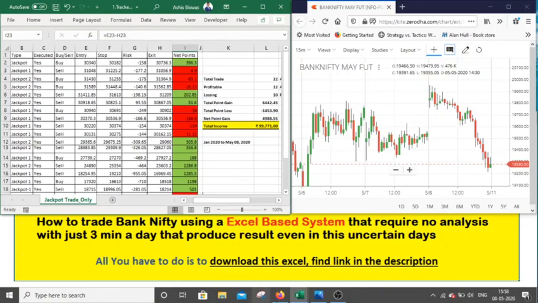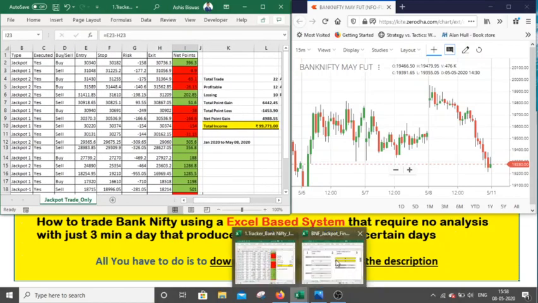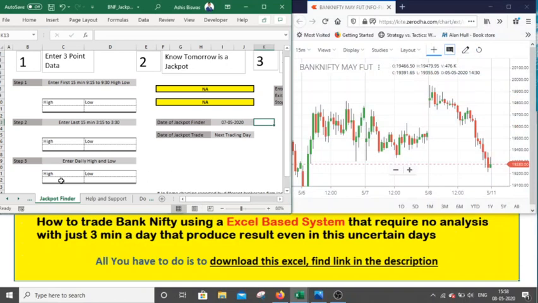Now let me show you how to operate this Excel sheet. After yesterday's market close, we have to enter the data in this Excel sheet. As it says, enter daily high and low. What was the daily high yesterday? The daily high was in this candle.